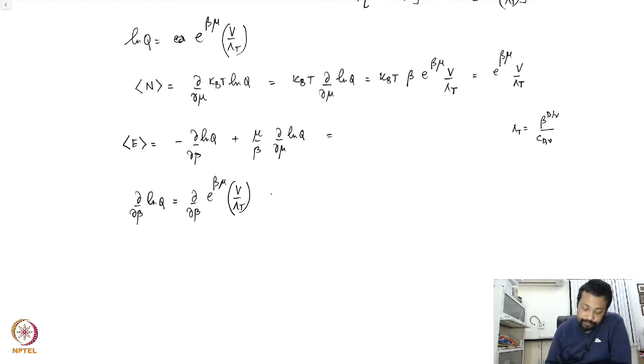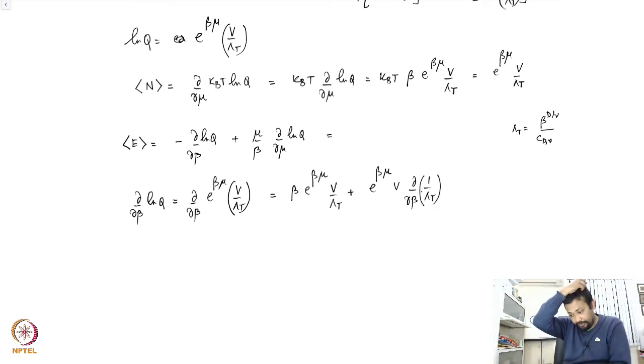And therefore this is going to be beta e to the power beta mu V over lambda_t plus e to the power beta mu V del beta of 1 over lambda_t.